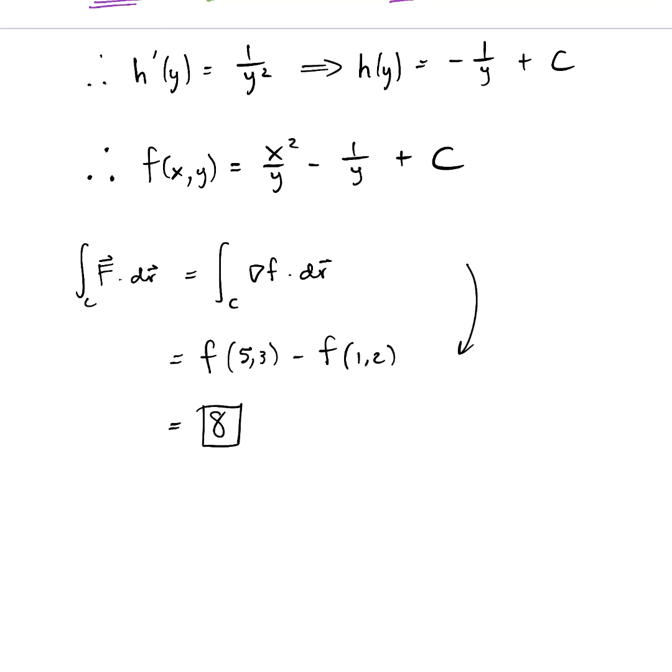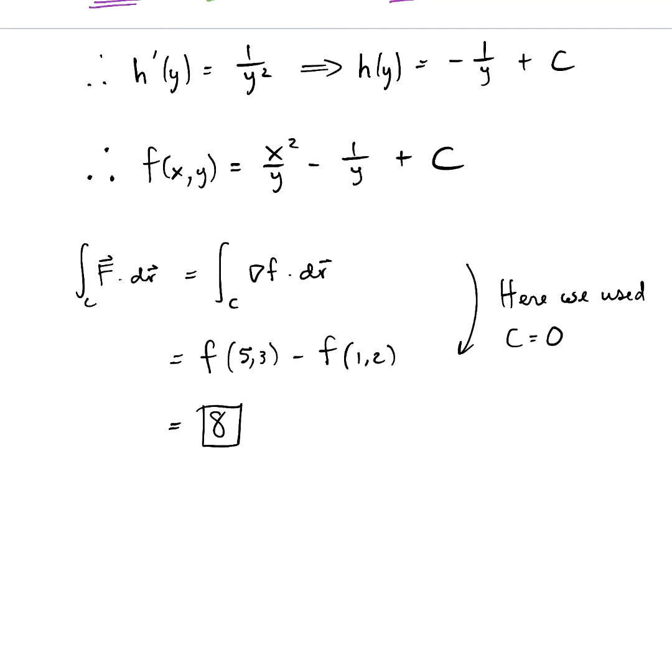Now, here we used c equals 0. If you prefer c equals 17, that's fine. This would just read 8 plus 17, take away 0 plus 17. So the 17s would cancel anyway.